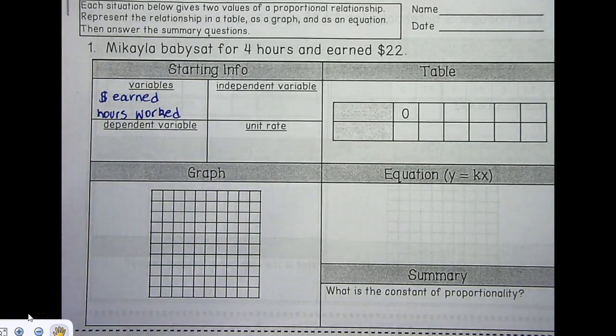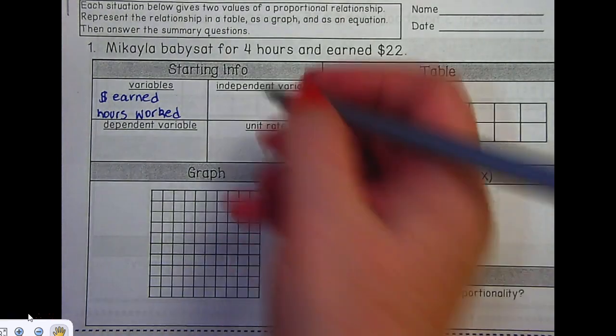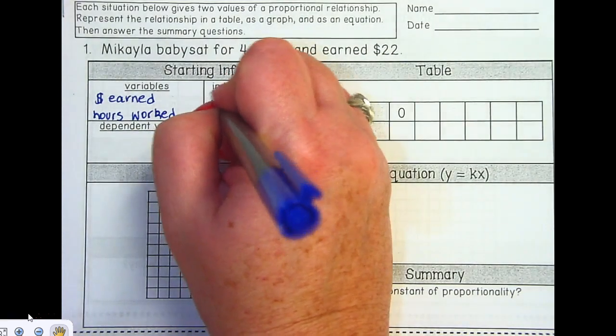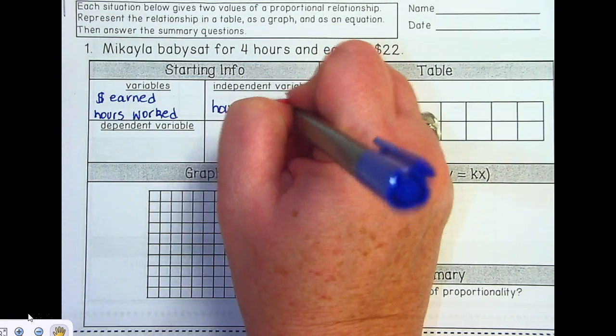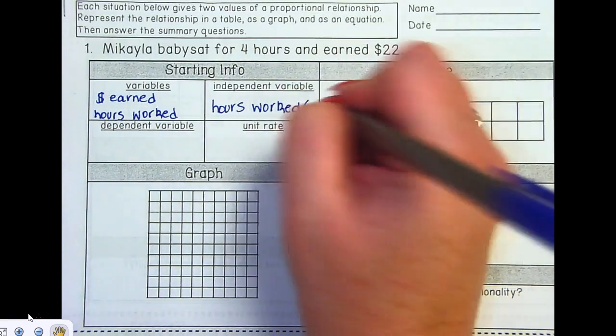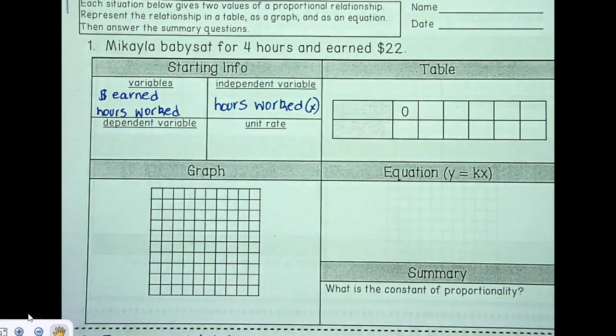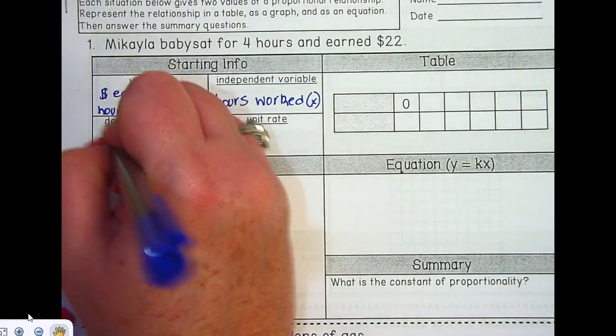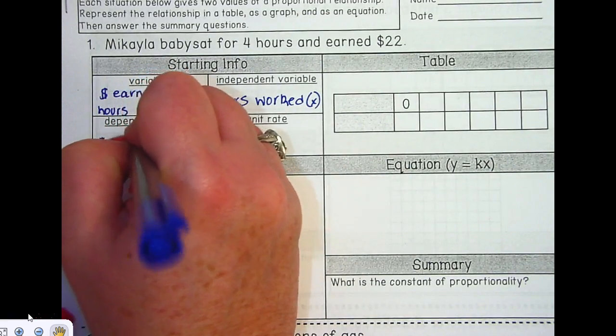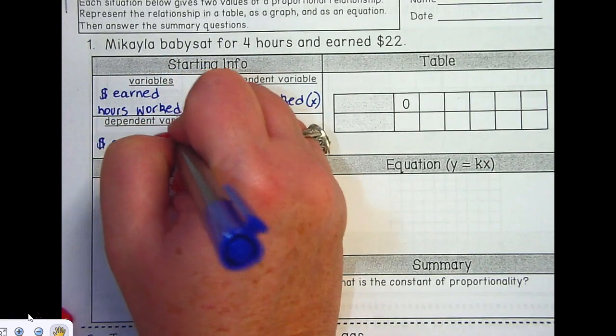So which one of those can you change and it makes the other number depend on it? Ava? The hours worked. You want to earn more money? You work more hours. That's the one that you can change. Hours worked. And remember, that one is the X. So that makes our dependent variable the money earned. And remember, that one's going to be your Y.